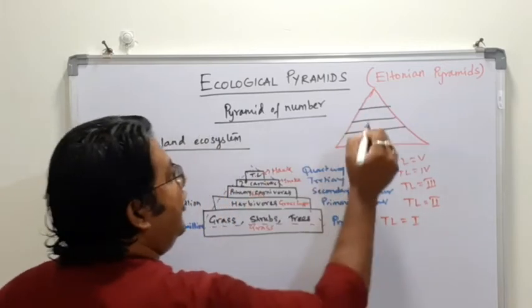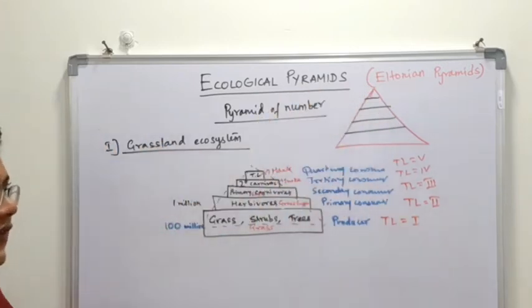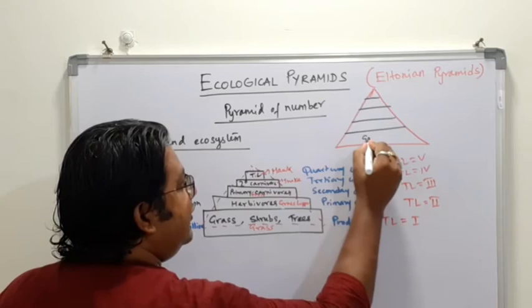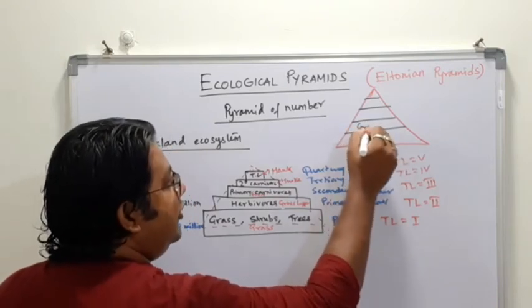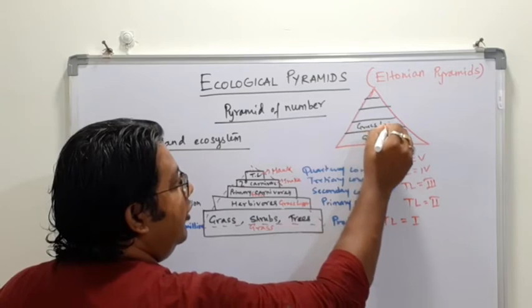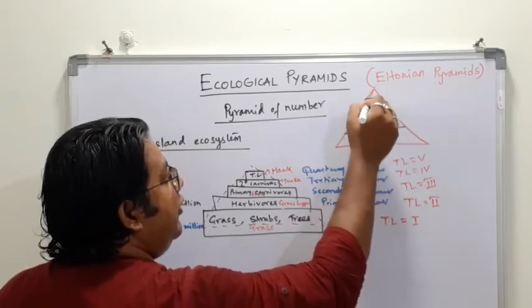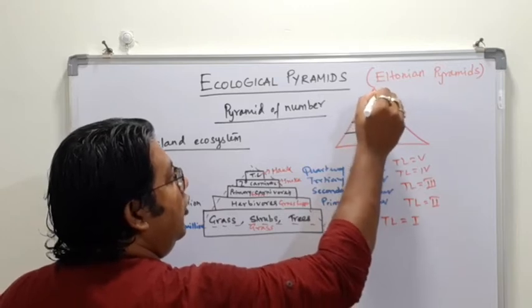1 2 3 4 5, and the representation is like this. At the lower level we say this is grass, then we put the herbivores, over here we are using grasshopper, then we have the frog, then the snake, and at the top we have the hawk.